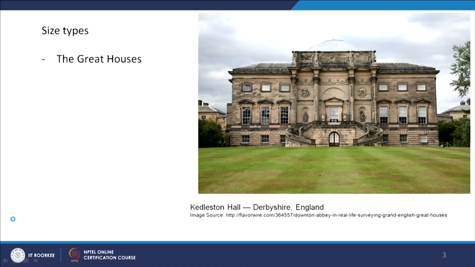The great houses are often associated with people of national status, well known in the nation. It could be a royal family, or someone of national repute, such as chancellors, in the 16th, 17th century or medieval times.